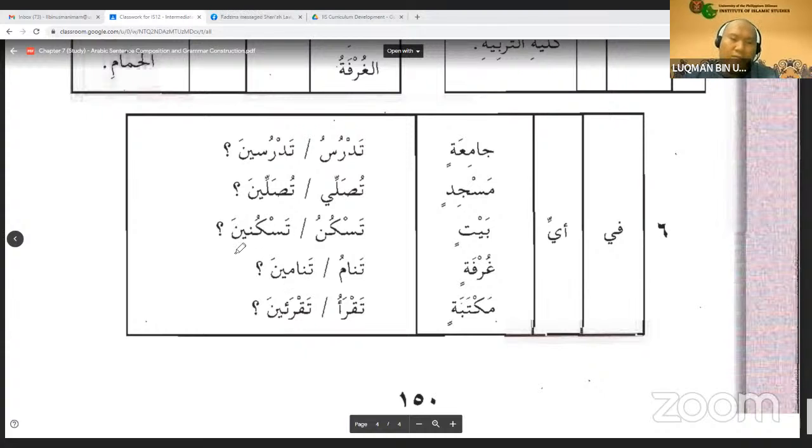The doer is feminine. So here, you have to remember that if you're talking to someone, it's in second person, no? Second person, and it's feminine. The verb is second person feminine. You just have to add ya and nun.